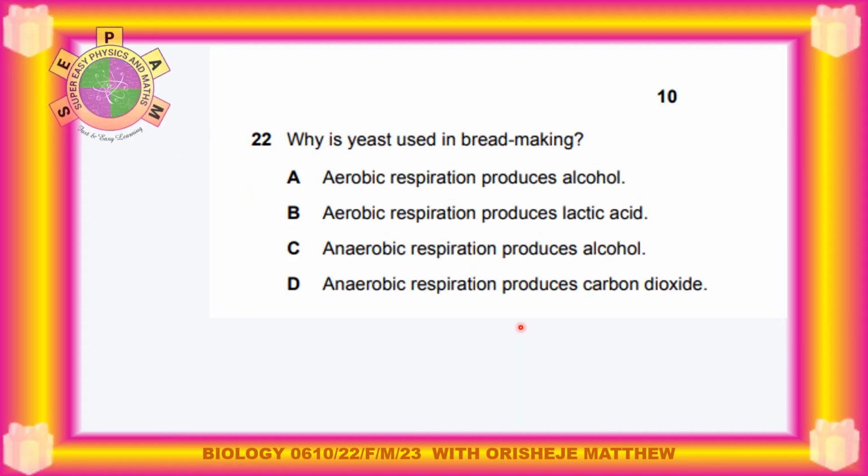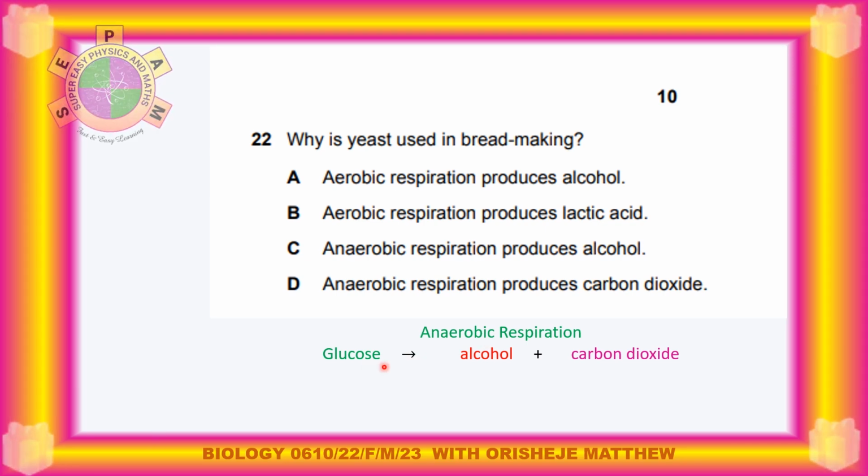Next question. Question 22. Why is yeast used in bread making? That is anaerobic respiration. In this case, glucose is broken down in the absence of oxygen to produce alcohol and carbon dioxide. The major point is that carbon dioxide is produced during fermentation in the baking process, because it is used to allow the bread to expand.